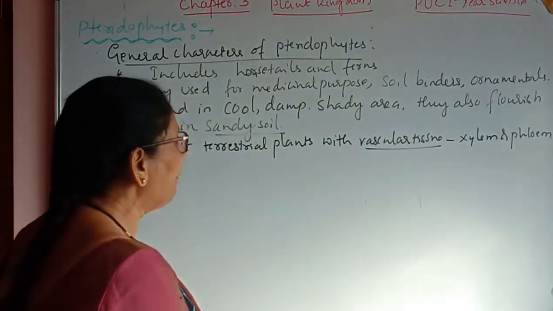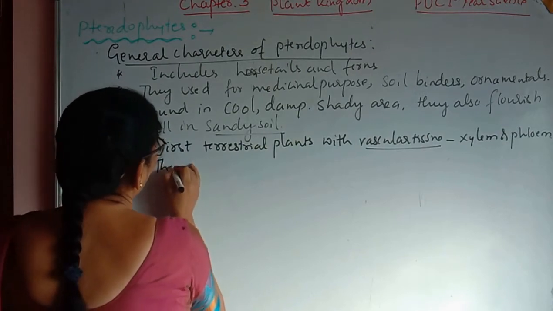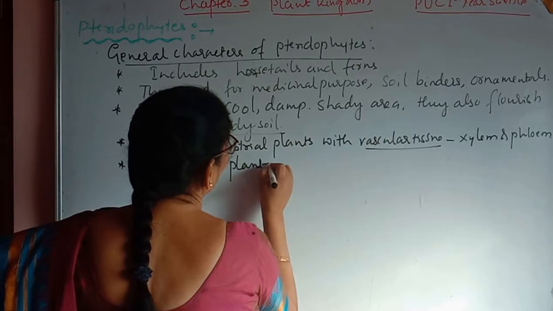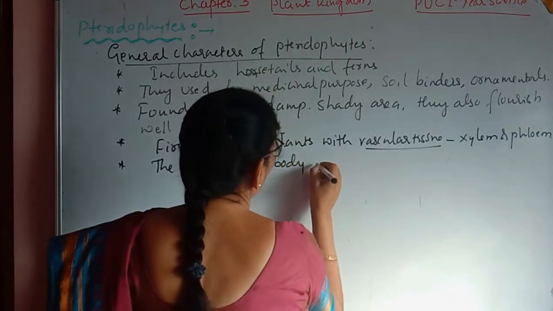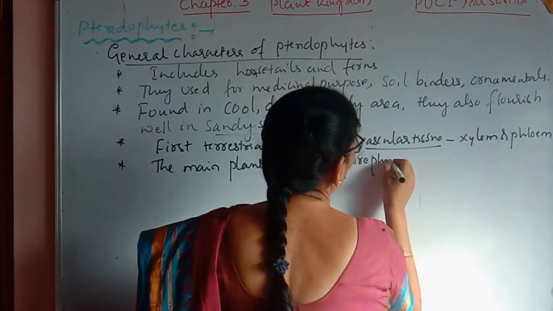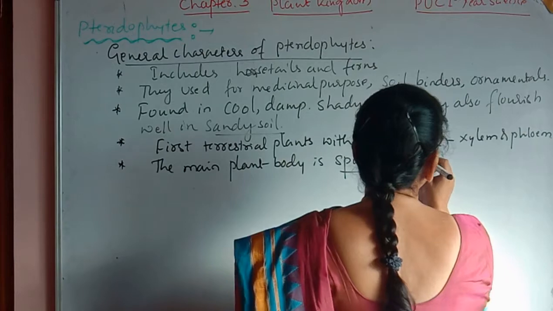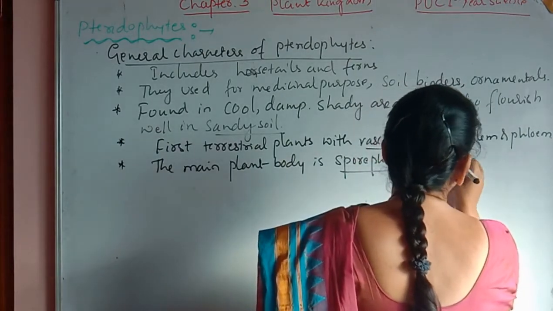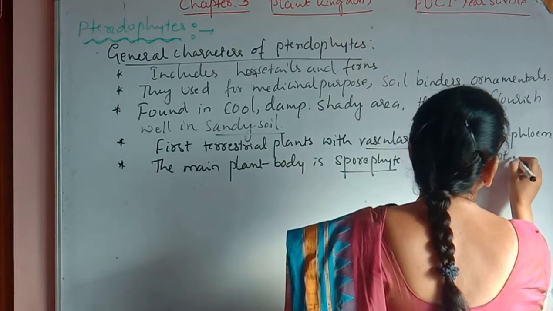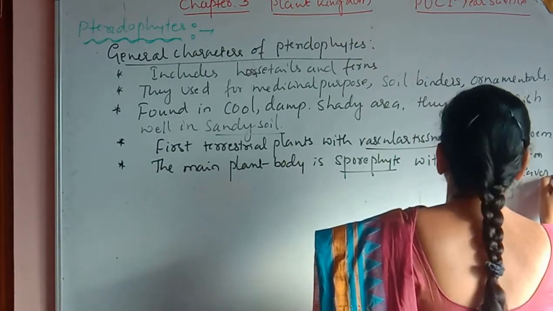Next, the main plant body of pteridophyte is sporophyte with well developed or true root, stem and leaves.